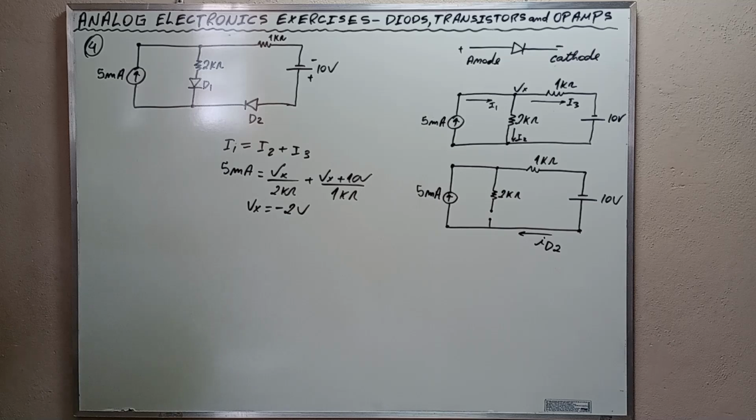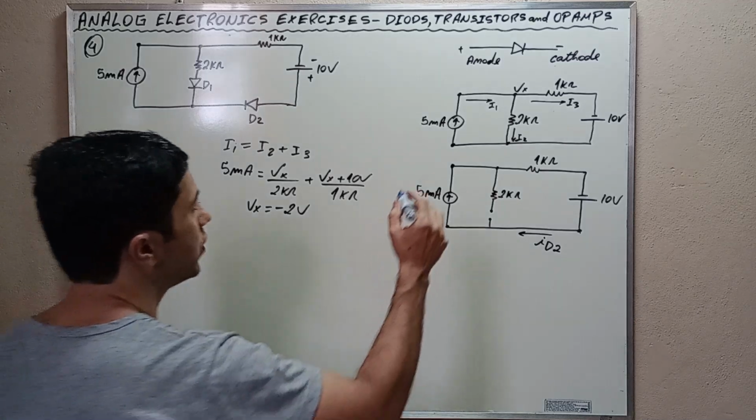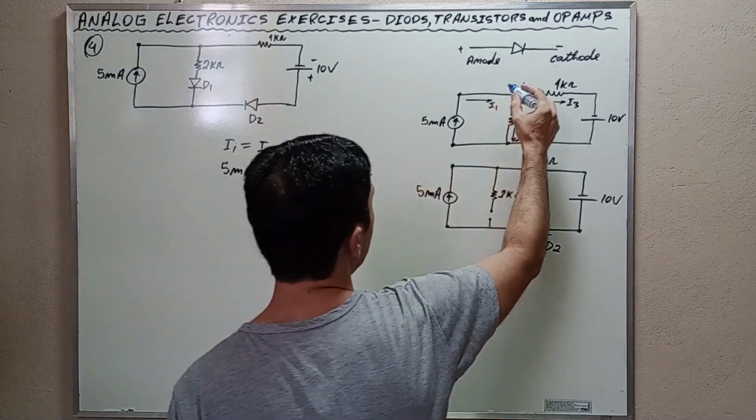The value of Vx is negative 2 volts. As Vx is equal to negative 2 volts, the cathode of the one is higher in potential than its anode, okay? Vx, we assumed Vx to be this way.